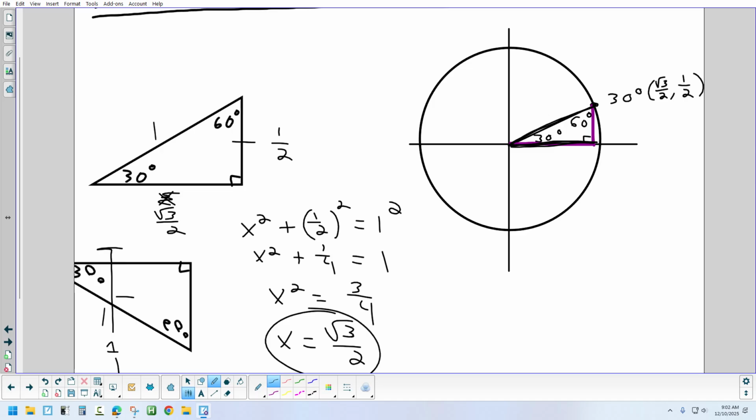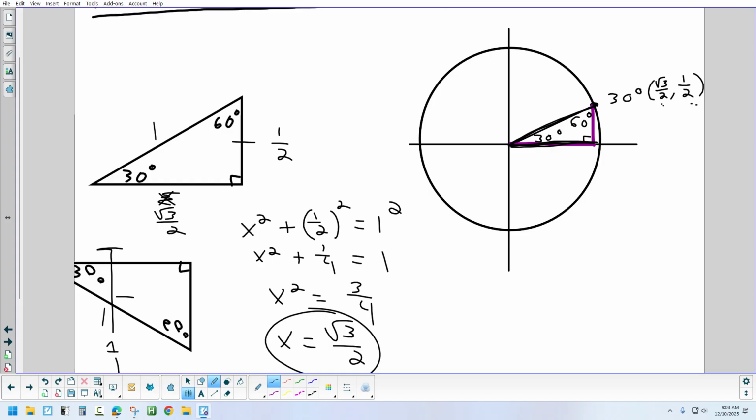Now, just to put those two numbers in perspective, which one of them is bigger? Root 3 over 2 or 1/2? Well, Nick, what do you think? Yeah, root 3 over 2 is bigger. First, we can tell in the diagram it's the longer side because it's across from a bigger angle.